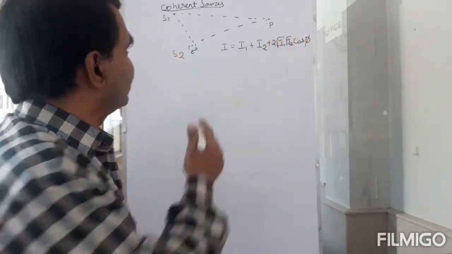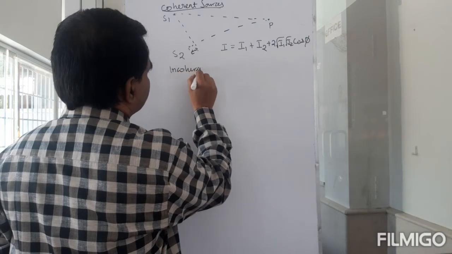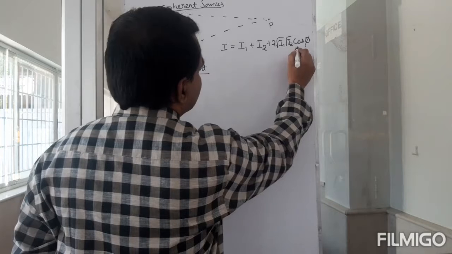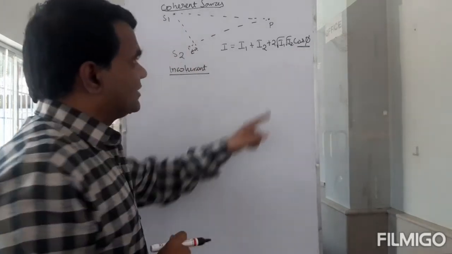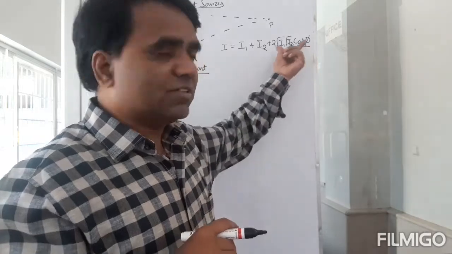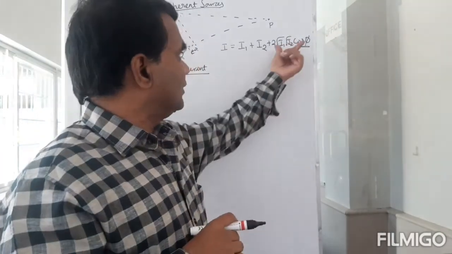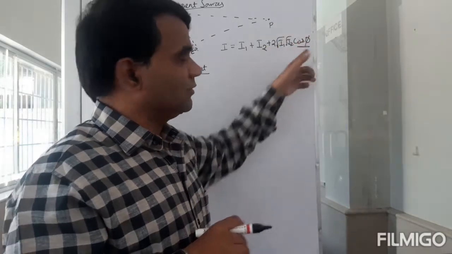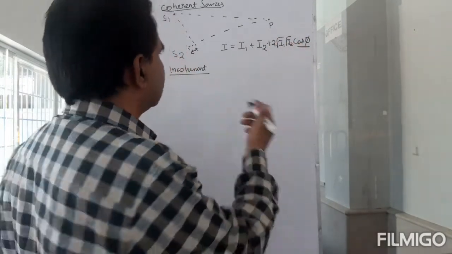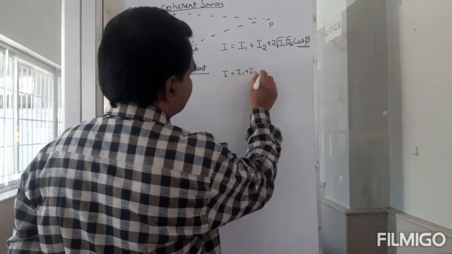So what happens in the case of incoherent or non-coherent sources? Since phi is changing, and cos phi is changing with time, you need to take the average of this. When you take the average of a sine function or a cos function, the average value will be 0.